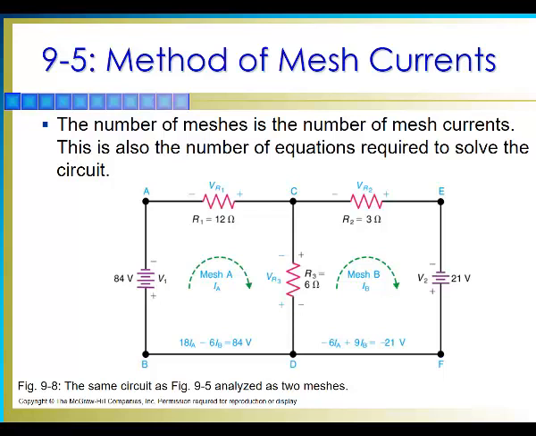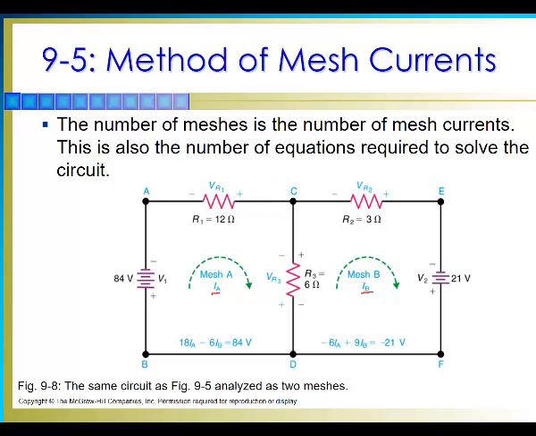the KVL, which we say all the voltages around this one will add up to 0, and all the voltages around this loop or mesh will be also 0. This will be the current A, this will be the current B. So the voltage here, for example, this 84 must equal the voltage drops around this right here.